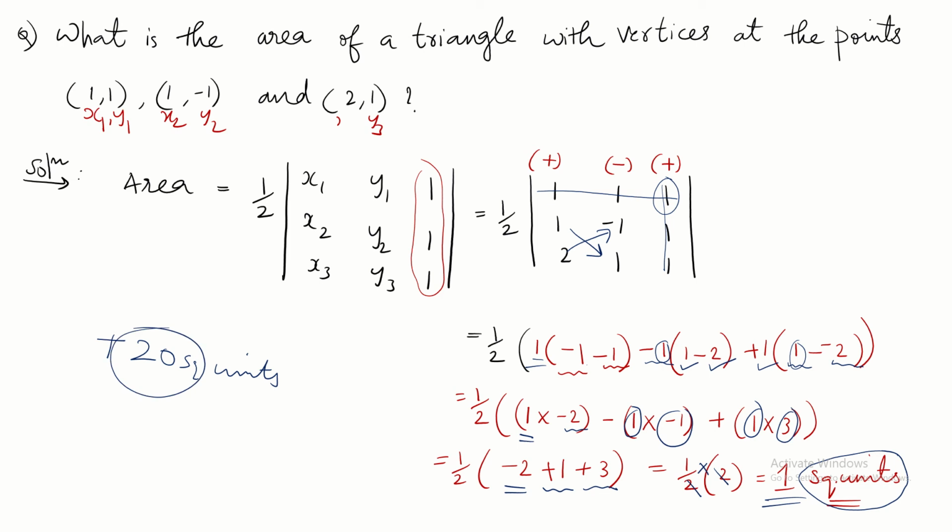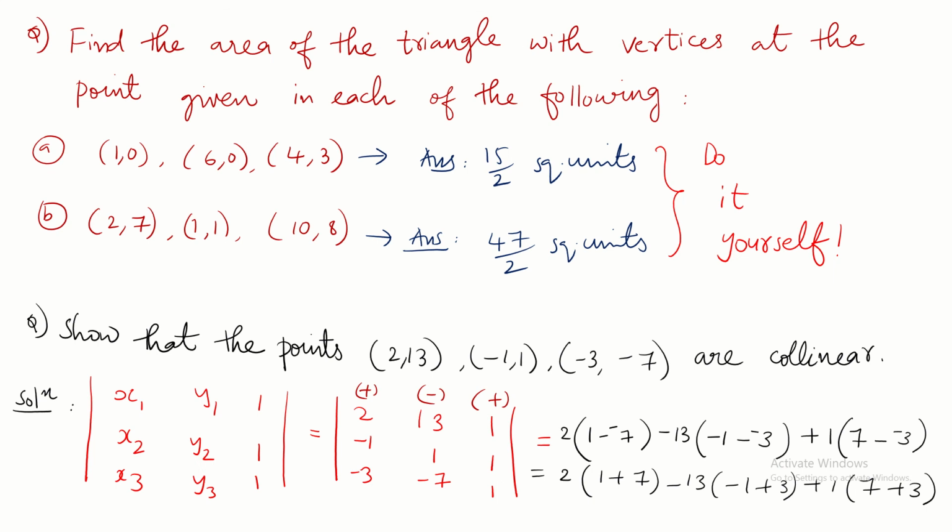But whenever the area of the triangle is given in the question, while solving you have to take both minus and plus. I have given that question, you'll know how to do it.